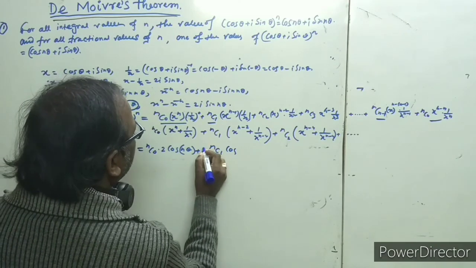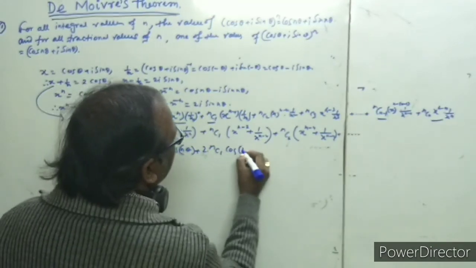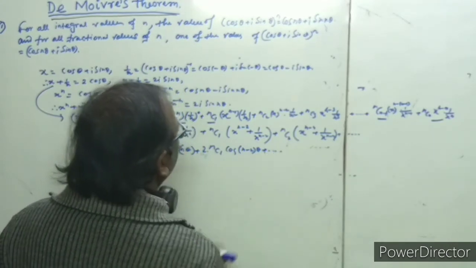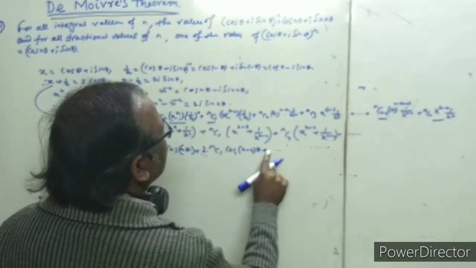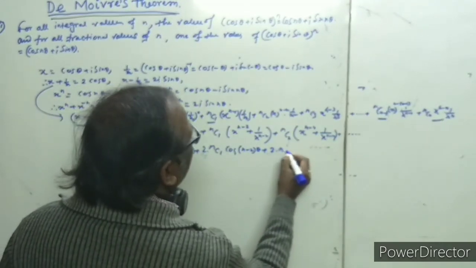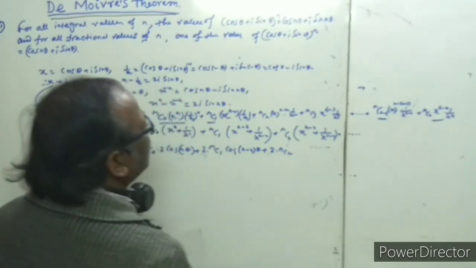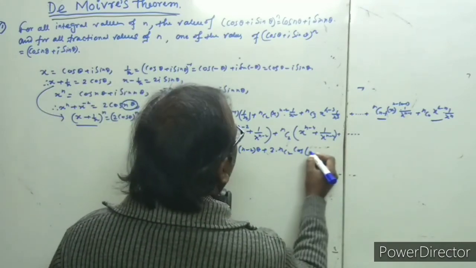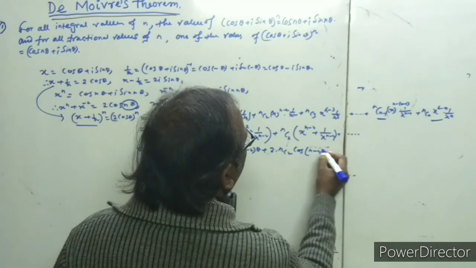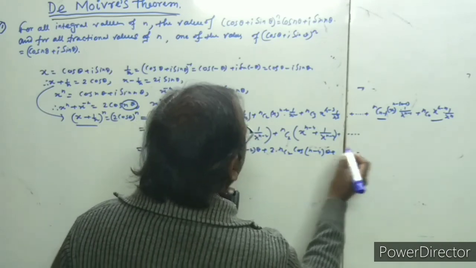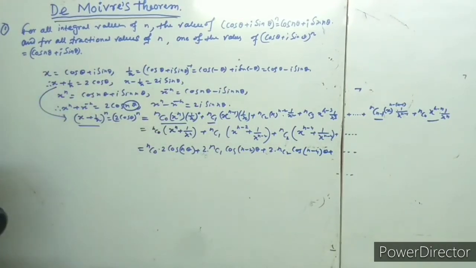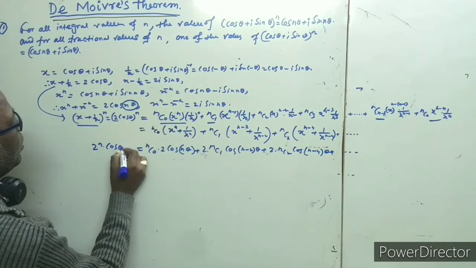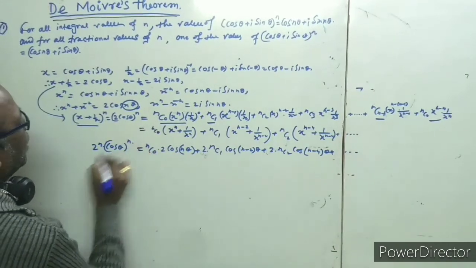This is plus 2 nC1 cos of (n-2) theta here. Similarly, this is 2 nC2 cos of (n-4) theta, and so on. So this is the (2 cos theta)^n here.